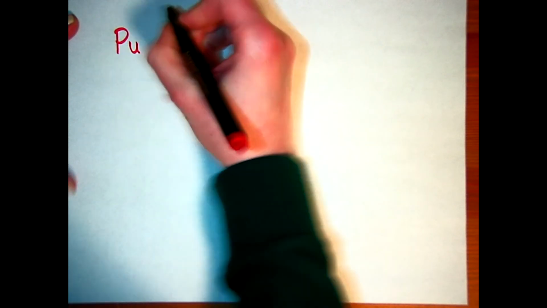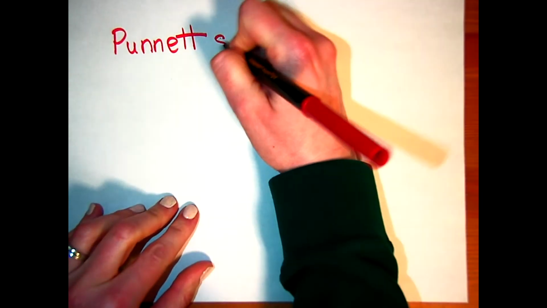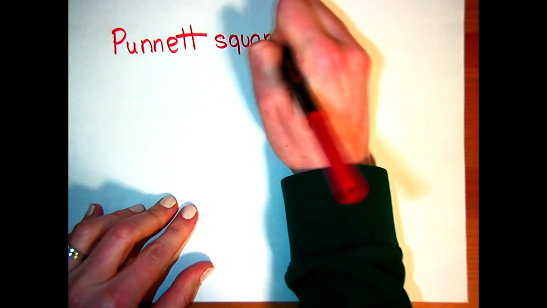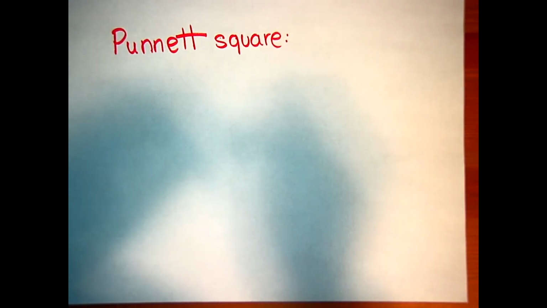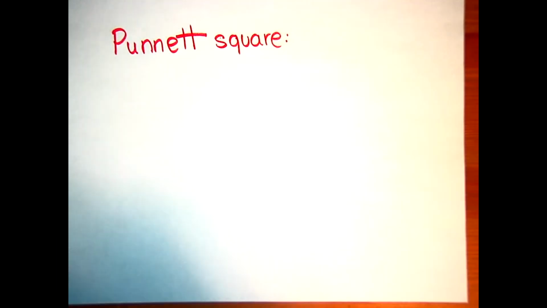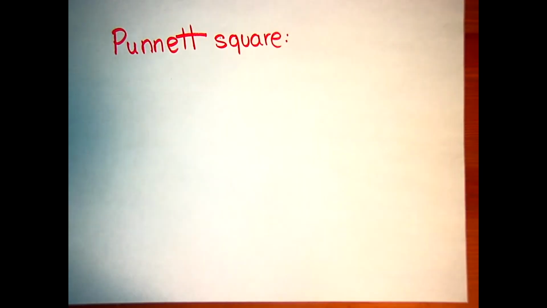Punnett is capitalized because it is named after a scientist. Two N's, two T's. Now, a Punnett square is used to predict what offspring from a certain cross of parents will have as their genotype and their traits and their phenotype.